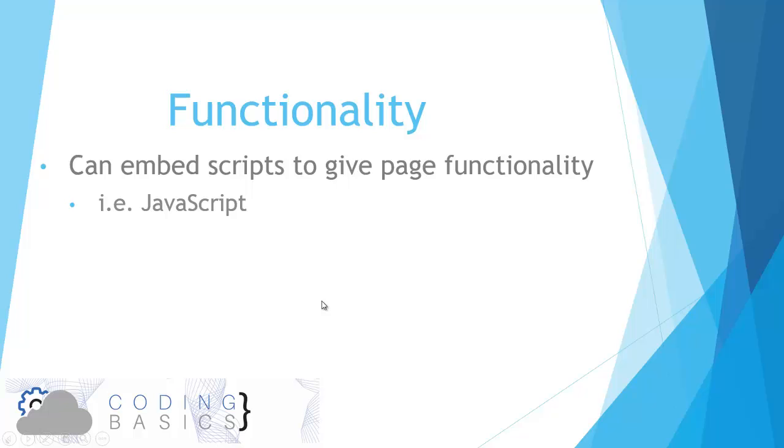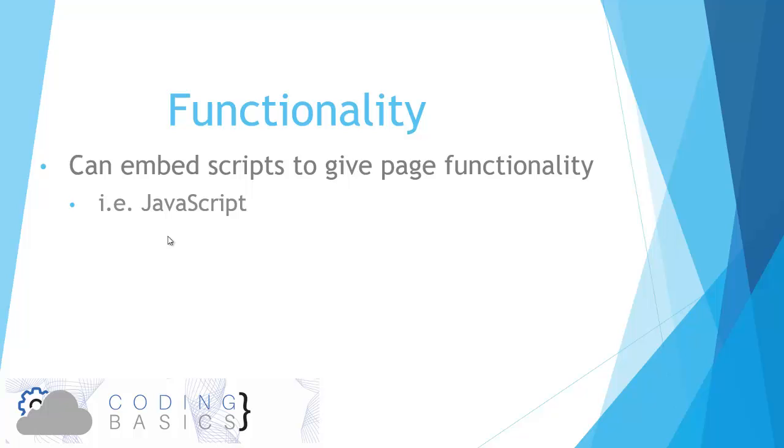So as far as functionality goes in HTML, like I said, it's not like you have if statements, loops, stuff like that. So to give your web page functionality, you embed scripts. Now, the most common client-side scripting language is JavaScript. It's got a huge, like over 50% of the market share.